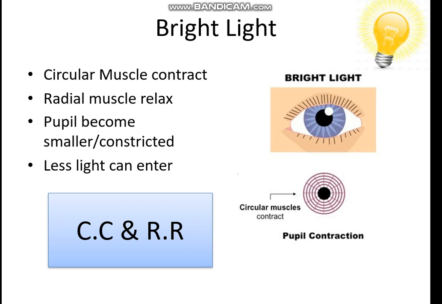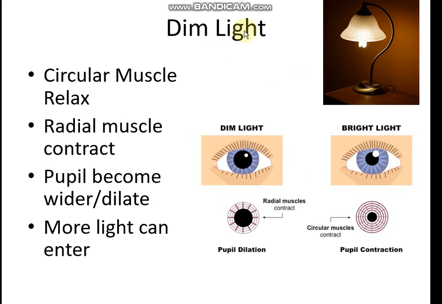Now this is opposite with the dim light conditions. If we are working in dim light, it means more light should be able to enter the eye through the cornea, and in order to let in more light, the size of the pupil should be increased. The pupil should be wider; the pupil should be dilated.